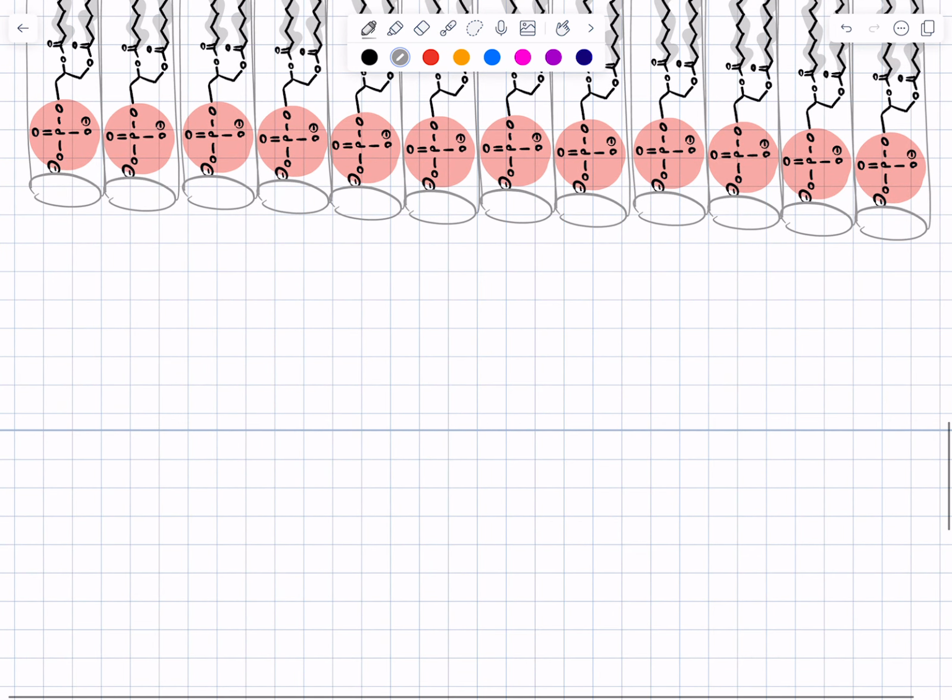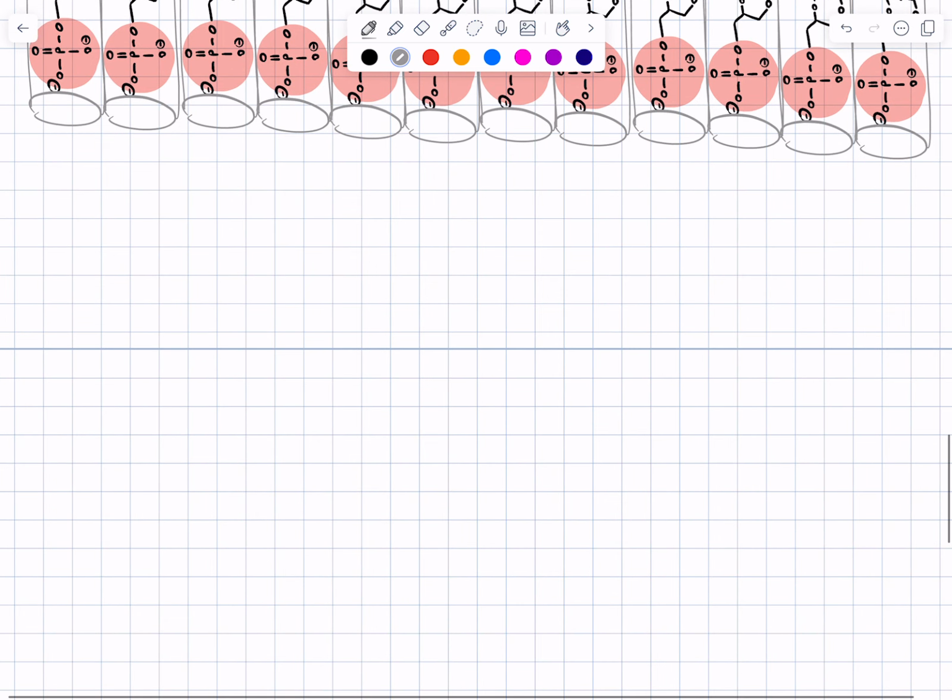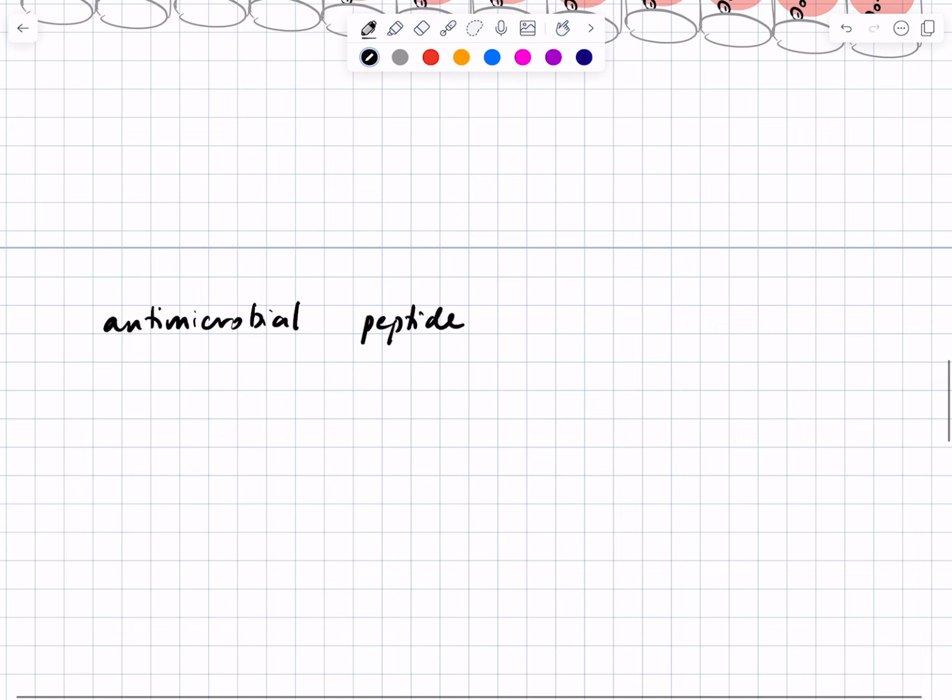So just keep in mind that the bacterial membrane is negatively charged, and then let's talk about briefly what I mean by antimicrobial peptide. We're not going to draw this molecule in all of its detail. A peptide is a short protein composed of amino acids. You'll learn about that more in 352. You've seen an example of a peptide in that horrible pKa versus pH problem that's in your practice exam.